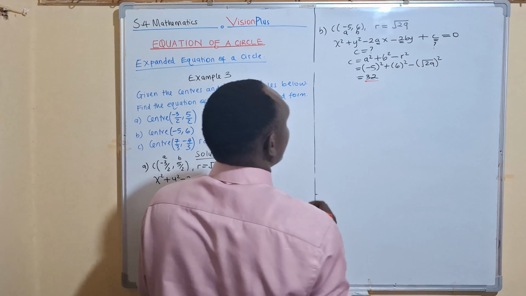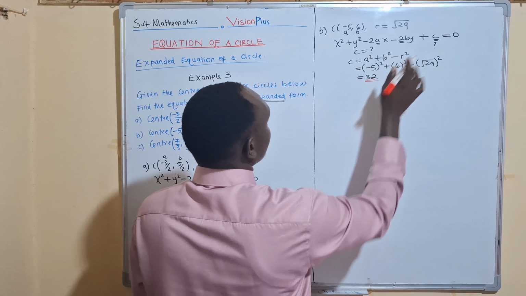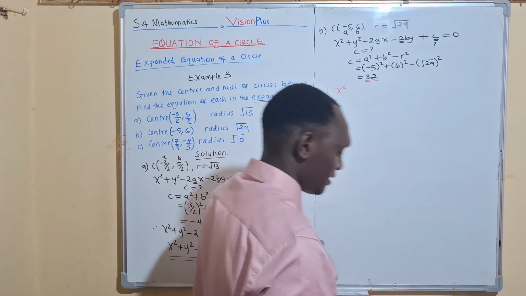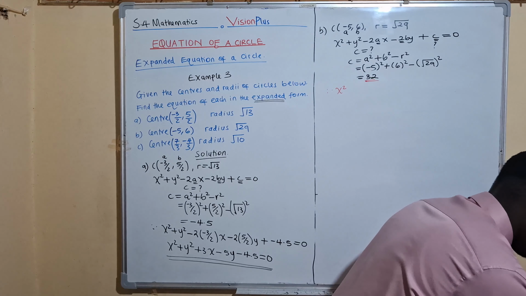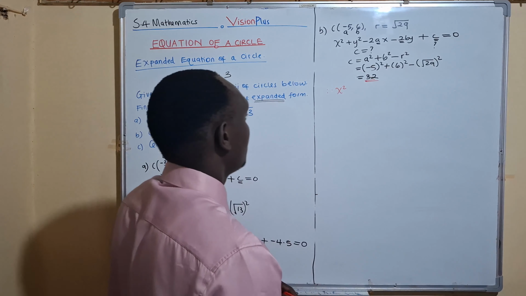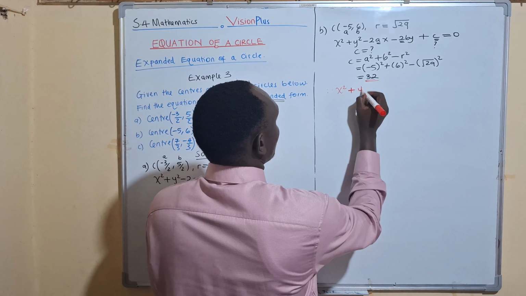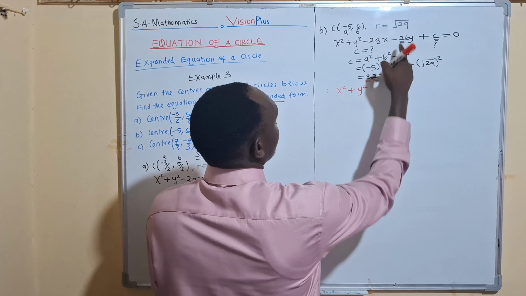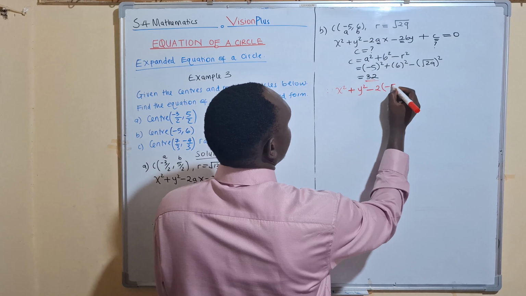That is c. So after getting c, then we go and substitute for a, b, and c. That marker has failed. Let's check for a better one. Then we have x squared plus y squared in the formula, and following this formula, minus 2 times a. What is a? Negative 5.